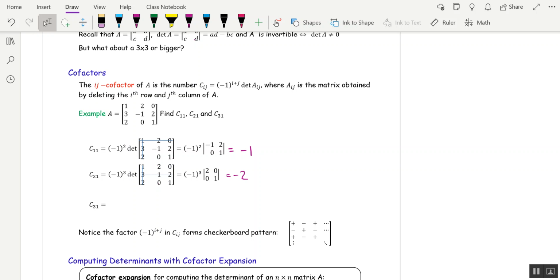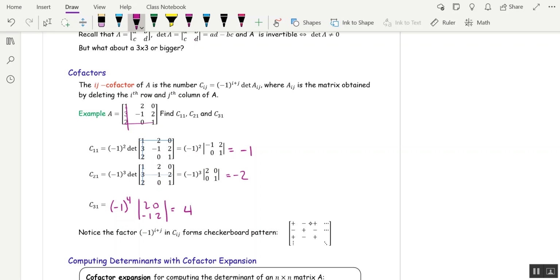Okay, hopefully you came up with 4. This is -1 to the 4th. And then for our subdeterminant, we cross out row 3, column 1, and we get 2, 0, -1, 2. And so that's 4.